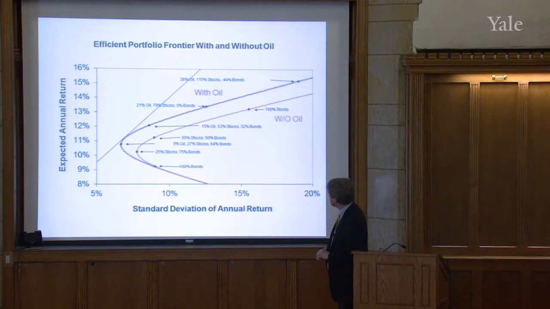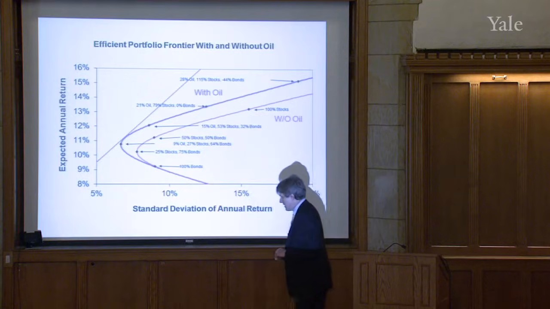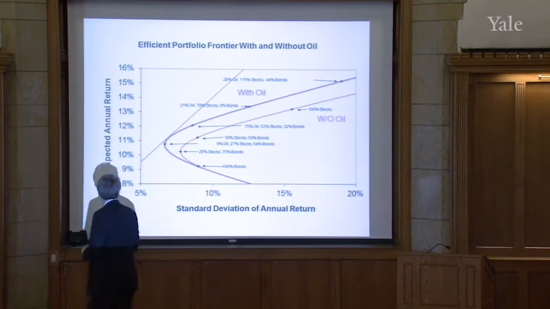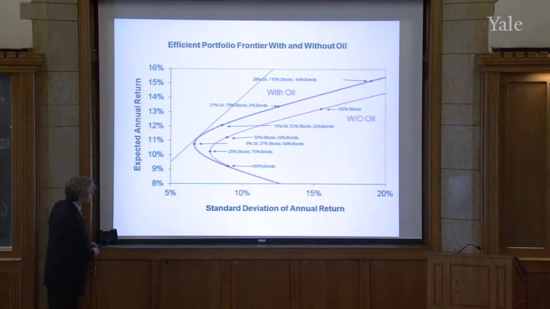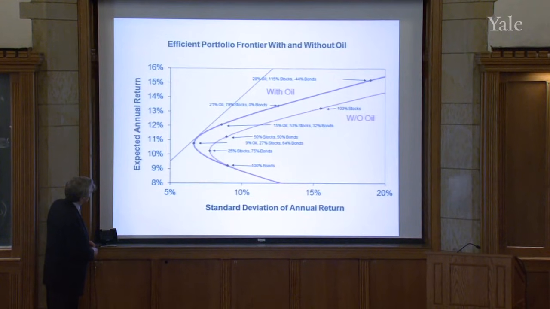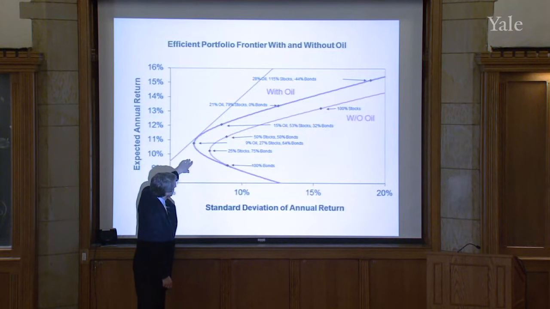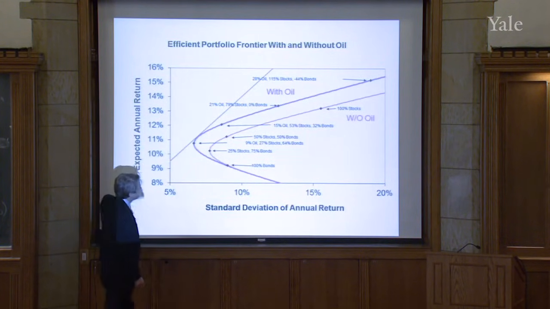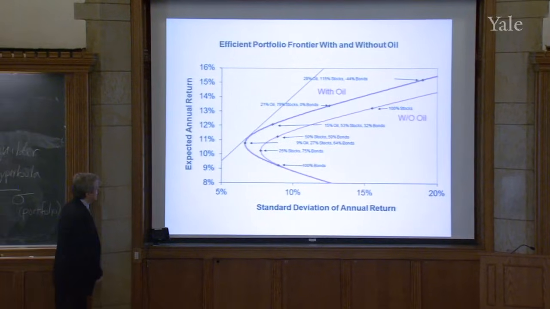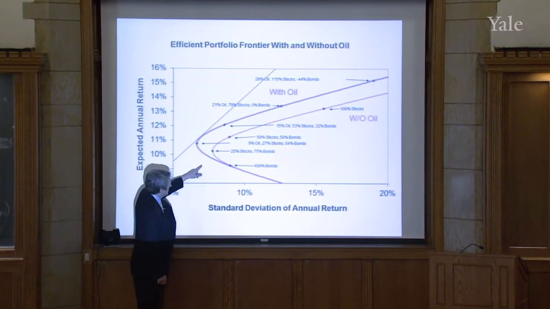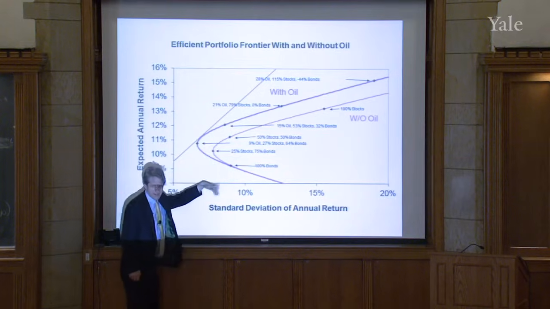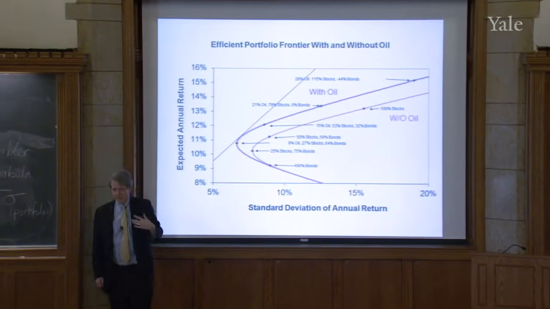So let's put that in. And what I have actually here is the minimum variance mixture for any given expected return for the 3 assets. And you can see that when you add a 3rd asset, oil, it's possible to bring the efficient portfolio frontier to the left, okay? Because we've got another asset, and it's also paying a good return, and it's not correlated very much.